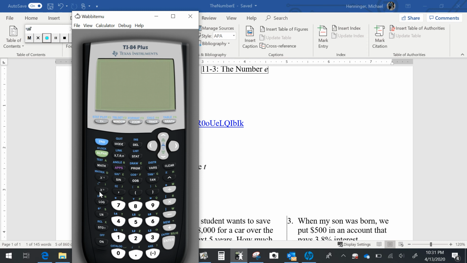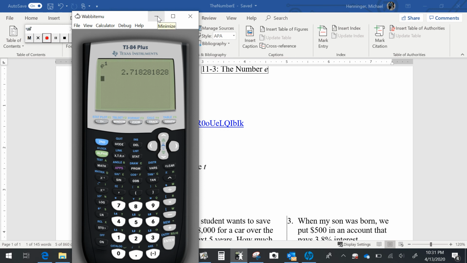If you have the calculators like the ones we use in school, you see this button that says ln, and above it in blue, it has e to the power of x. If I type second and then hit that ln button, it gives me e, but I have to type in an exponent. So if I just want e itself, I do e to the power of 1, press equals, and that's about the value of e. So any formula I have with e, I want to make sure I'm using that calculator e.